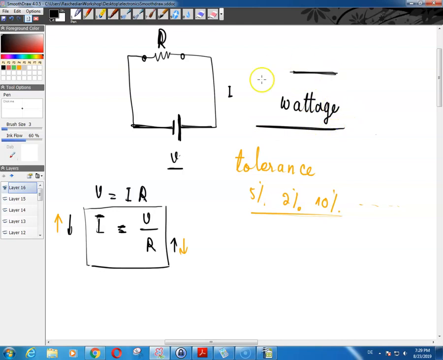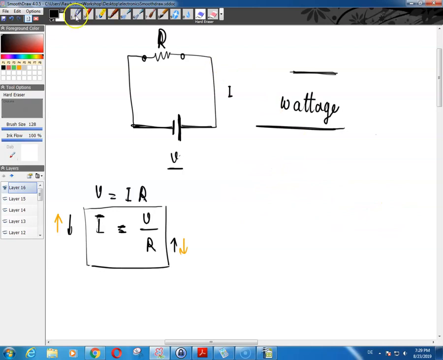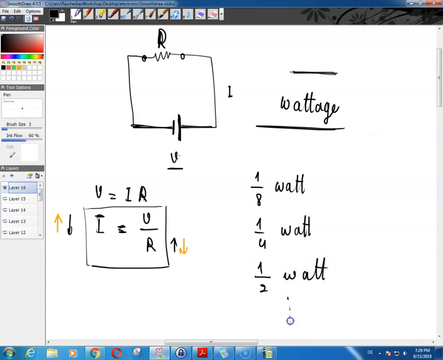I don't know exactly what it's called, but the concept is that there are resistors that are very small. They are called 1/8 watt resistors. There are 1/4 watt resistors, and 1/2 watt resistors. And then you can go all the way up to 1 watt, 2 watt, probably 5 watt resistors, and so on.